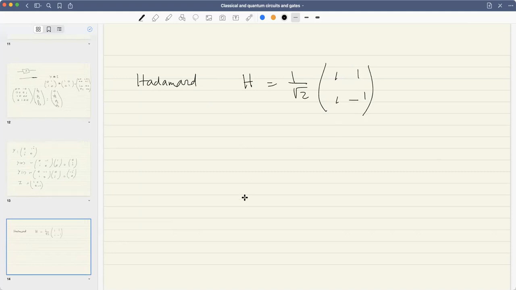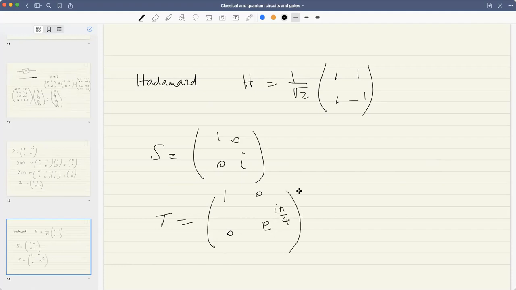You can construct many different one qubit gates. There's another famous one called the S gate. So S is 1, 0, 0, i. There's another one called the T gate. And as you can imagine, any 2x2 unitary matrix can be a gate.